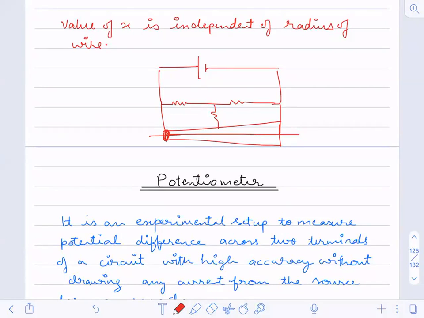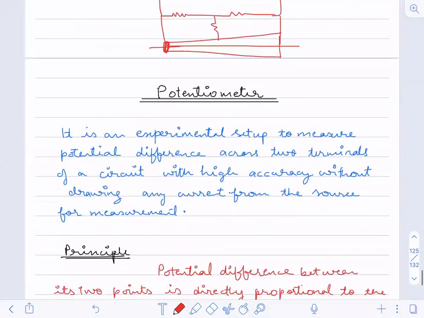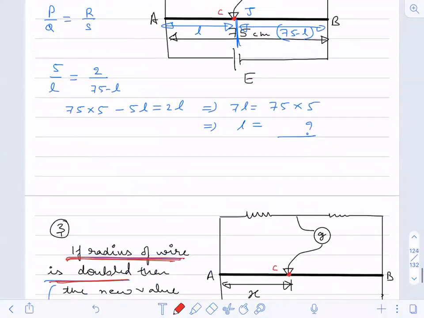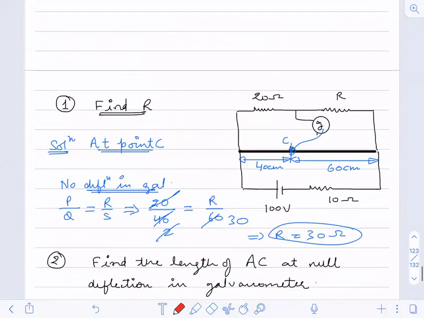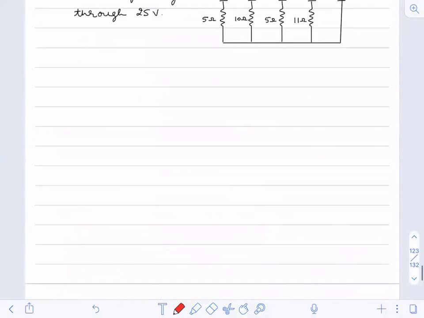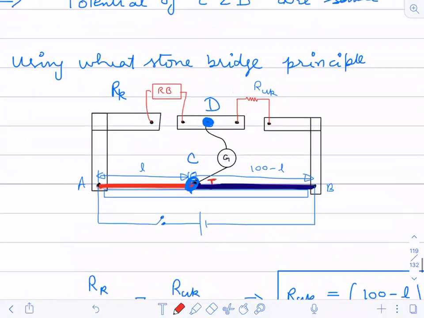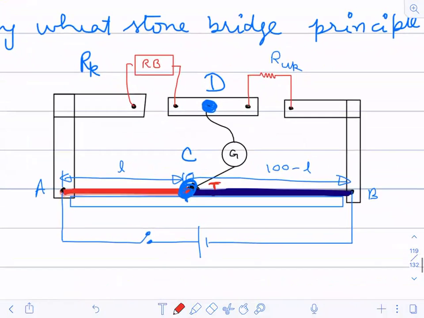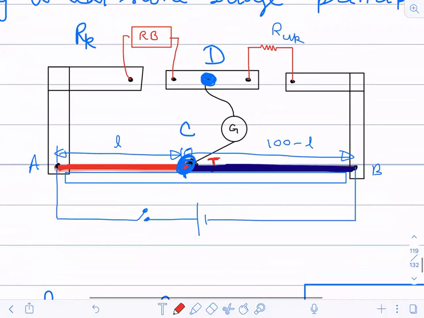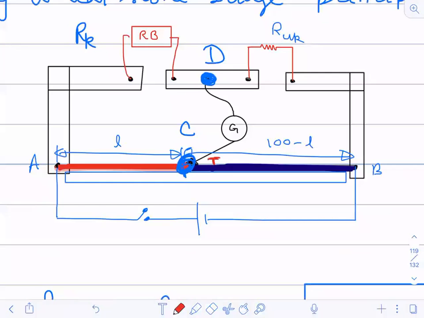Now the next setup is potentiometer. So this meter bridge we have completed. If you want to summarize it, there are total 5 resistors here. RB is RK, that is the known resistance.